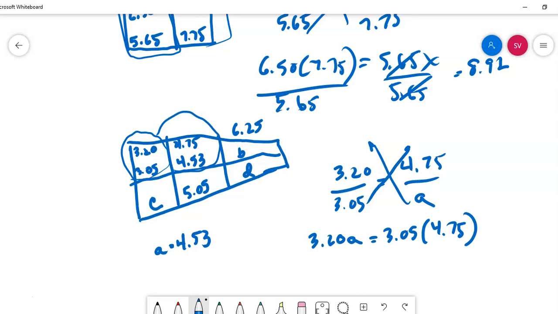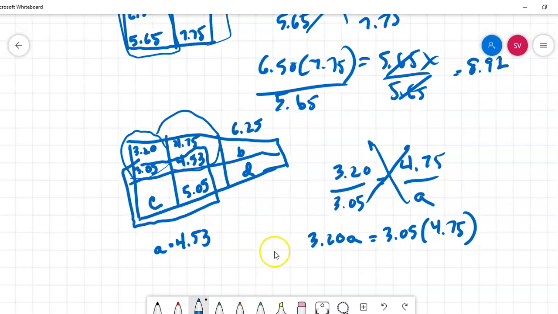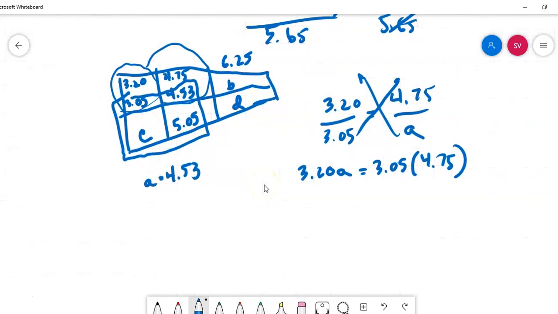Now I can move on to C. I could use these ratios here. So let's take a look. We have 3.05 is to 4.53 as C is to 5.05. We'll cross multiply again.